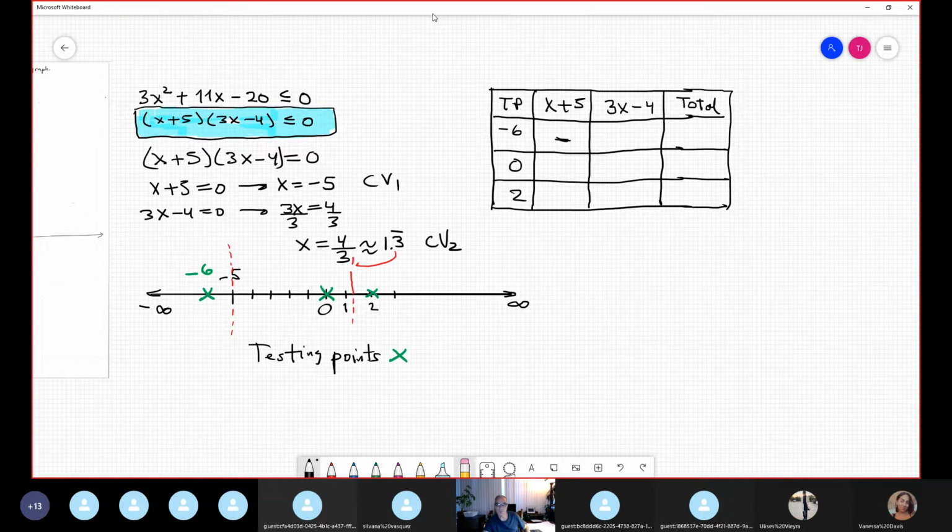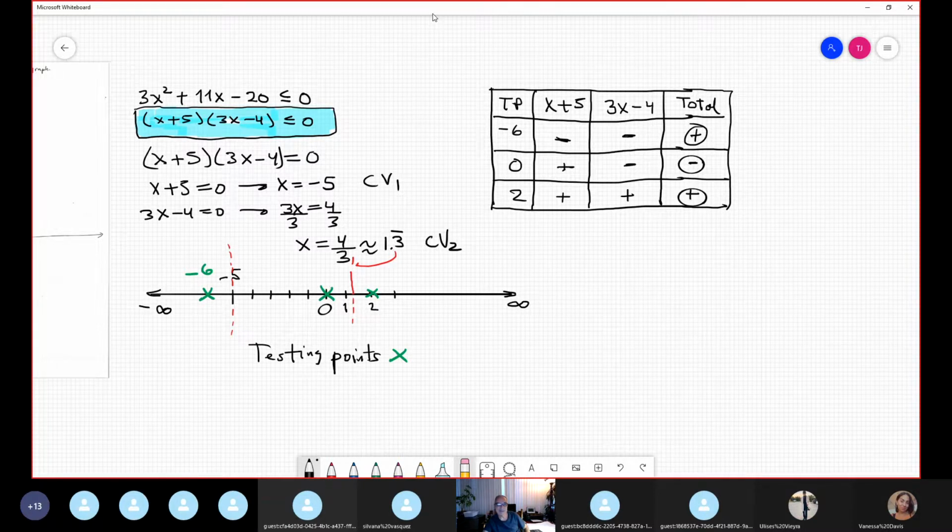You have here negative, it's obvious, right? -6 plus 5. You have here negative, because -6 times +3 is -18, and -18 minus 4 is negative. And double negative is positive. 0 is positive, 0 is negative, so the total is negative. 2 is positive, and 2 is positive because 6 minus 4 is positive.